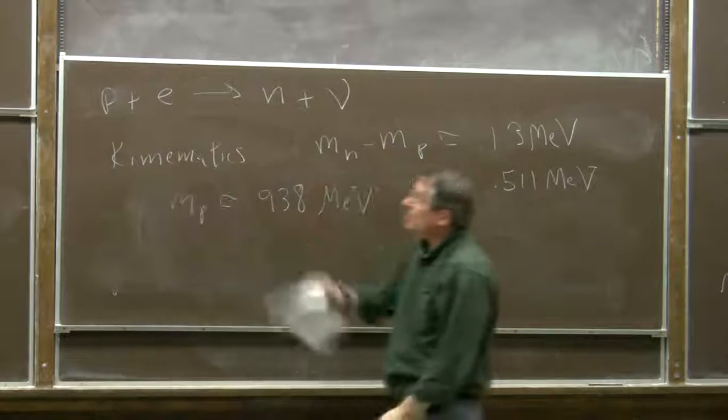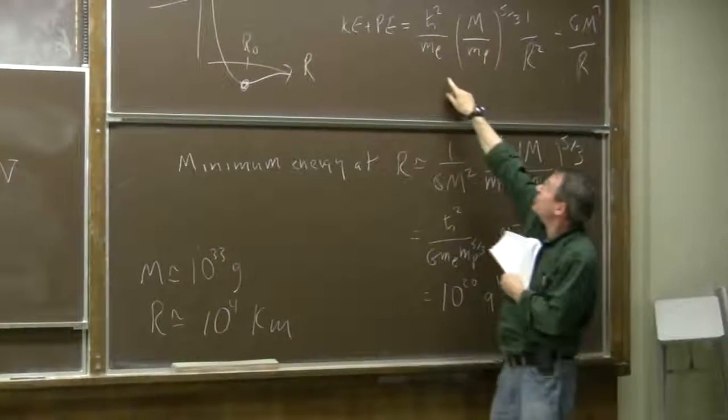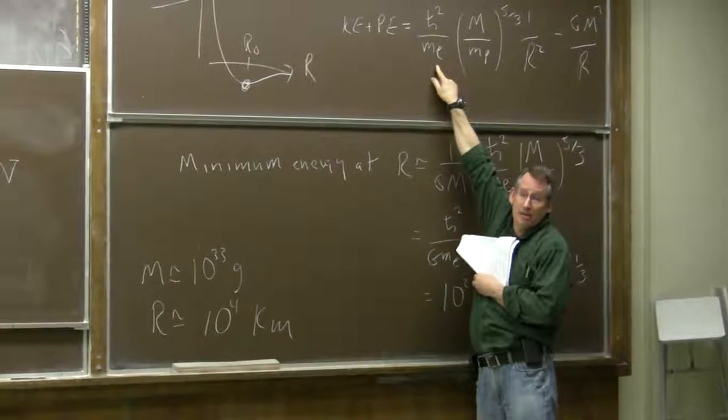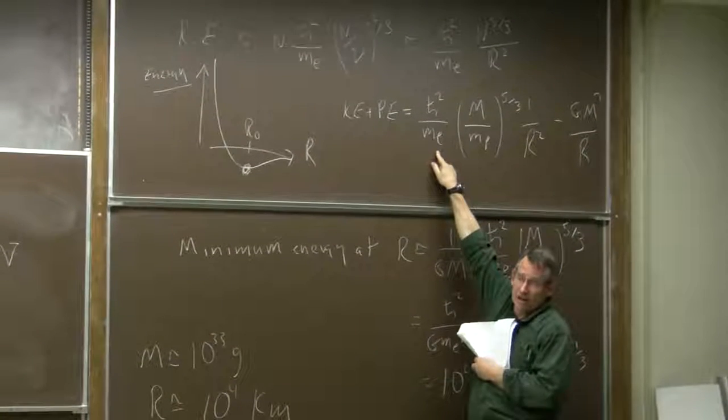So how's the neutron star going to be different from the white dwarf? Well, again, if we use our non-relativistic approximation, we can do the same calculation as before. And the only difference is this: in the kinetic energy now, we won't have the mass of the electron. We'll have the mass of the neutron, because now we're talking about the neutron kinetic energy, right?